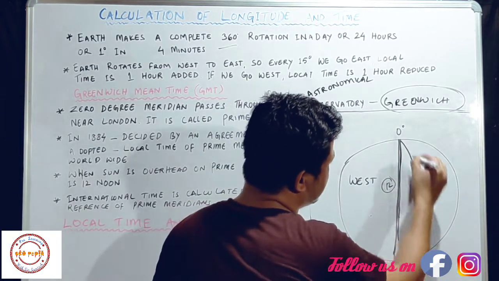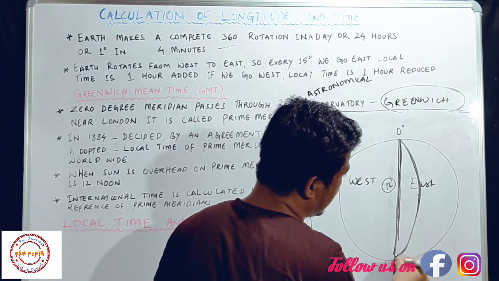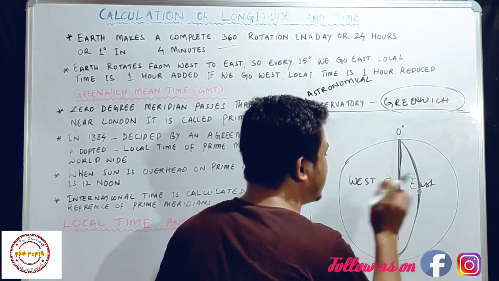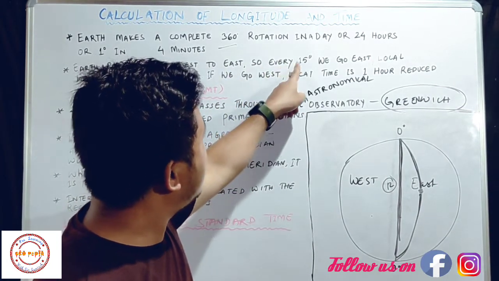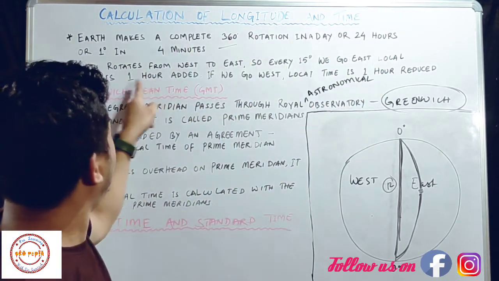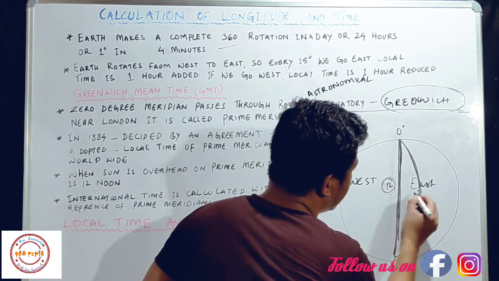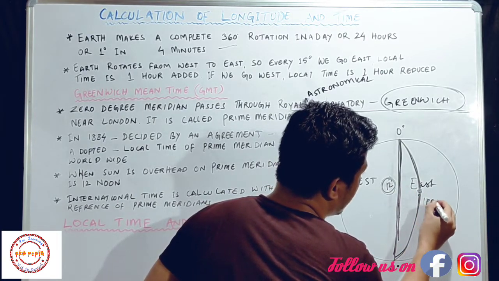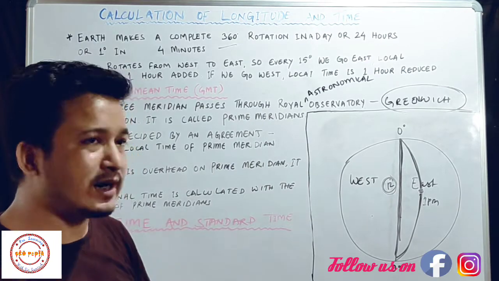Now one place is there which is in the 15 degree longitude. Then what will be the time here? So here it is written, if you go 15 degree to the east direction, then 1 hour is added. So if it is here 12 noon, then in 15 degree it will be 1 p.m. How many p.m.? 1 p.m. Right? I think you are getting it right.